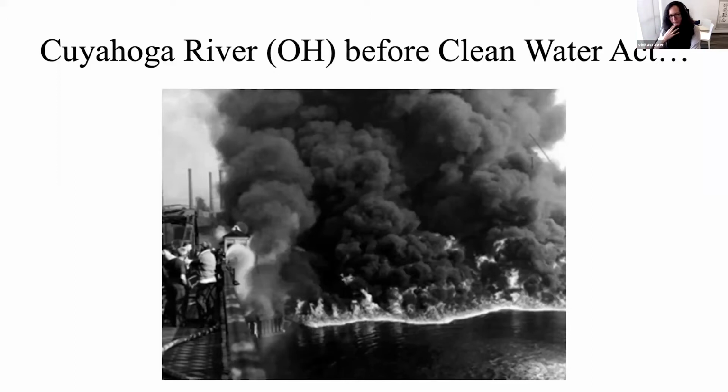This one got very famous because it happened to be reported in 1969, and they started doing a whole journalistic investigation about it. It ended up being a very important article in the New York Times that created all this environmental movement in the US that led to Earth Day and also to the Clean Water Act in 1972.